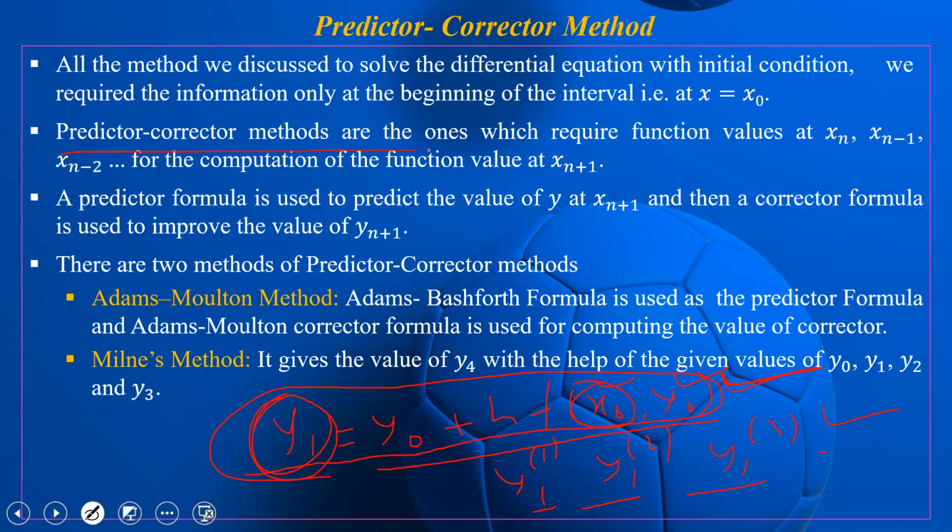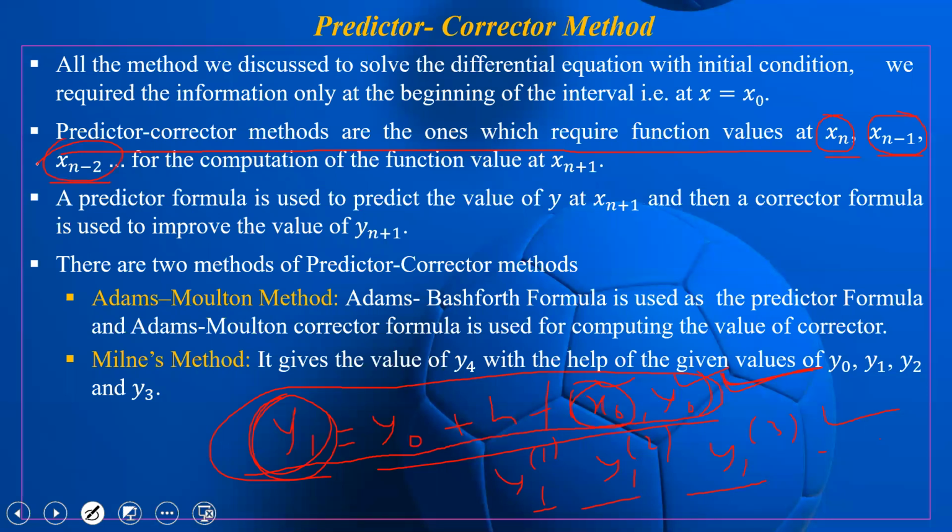Predictor corrector methods are the ones which require function values at xn, xn minus 1, xn minus 2. So at least we need 3 values. Suppose n equals 0, this is x0, then x minus 1, and x minus 2.